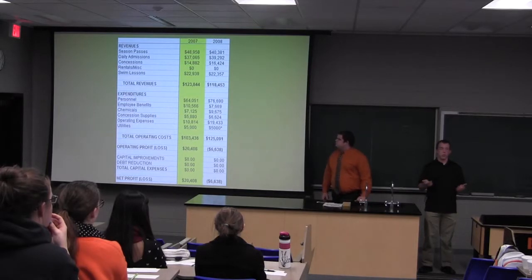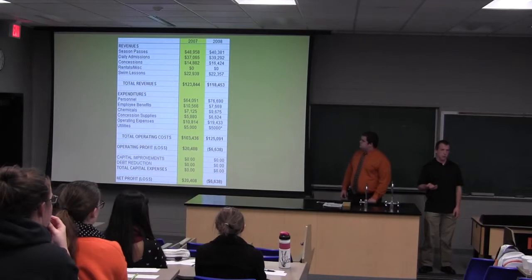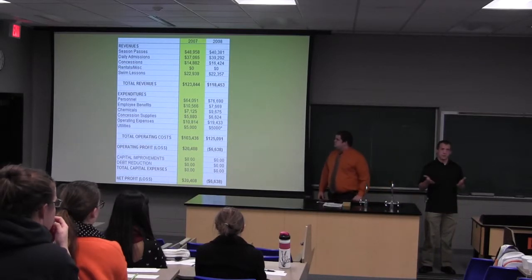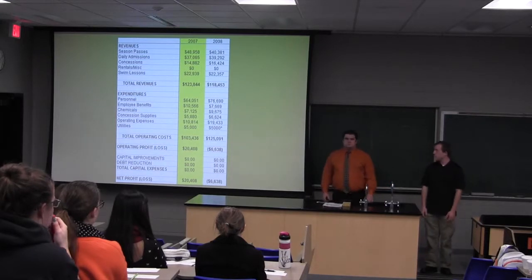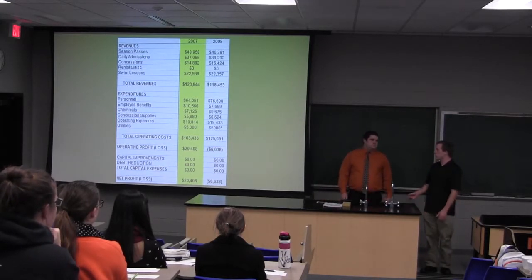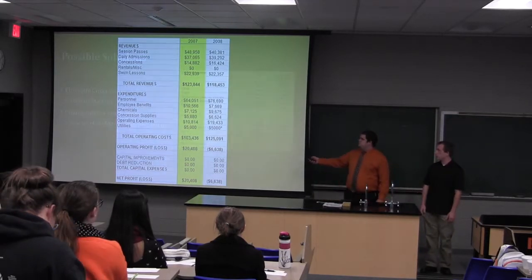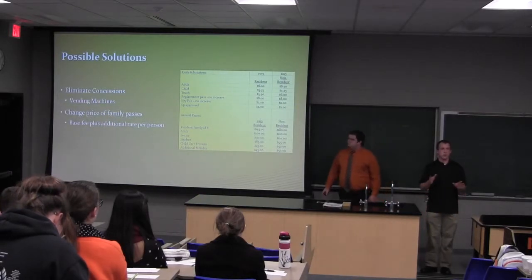For an adult, it'd be $100 for a seasonal pass, but if you have a family of 6, then it's only $145. So there's a lot of difference that may have accounted for that loss in money. And then another thing we noticed is the differences in personnel.